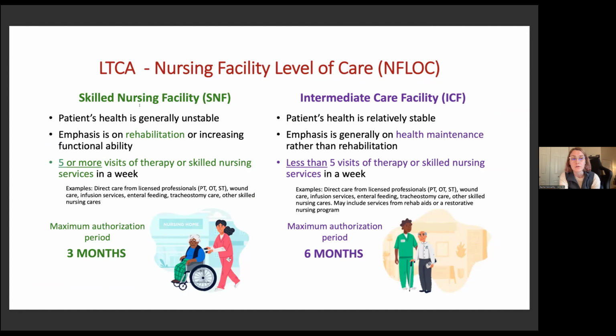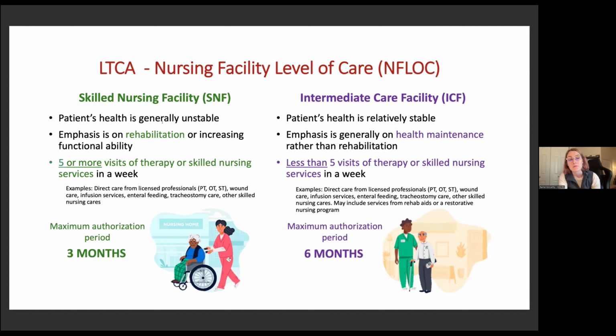For skilled, if they're going for skilled level of care, they're generally getting some type of skilled service 5 or more times per week. So that could be therapies, it could be wound care, it could be some type of infusion like IV antibiotics. So a nurse or licensed personnel like a physical therapist, PT, OT, ST is giving a skilled service 5 or more times per week for skilled level of care. The maximum we can authorize is 3 months.